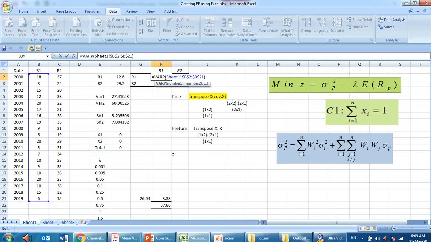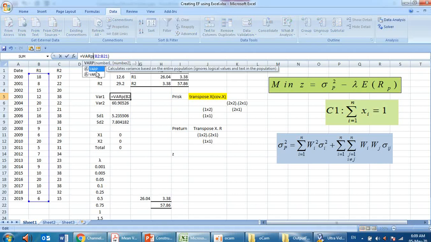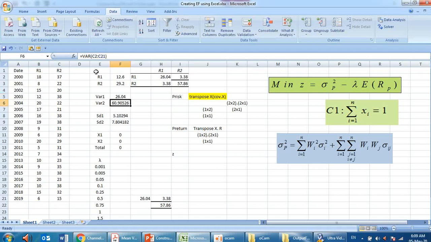When you go for the covariance command, it calculates the variance of the population, and over here you have calculated the variance of the sample. So in order to go for the population, you put a p over there and the value becomes equal. Again a p over here, the value becomes equal. Now the values are equal.